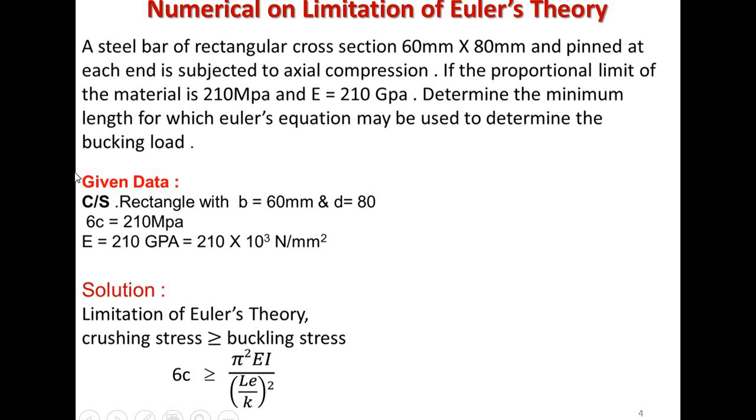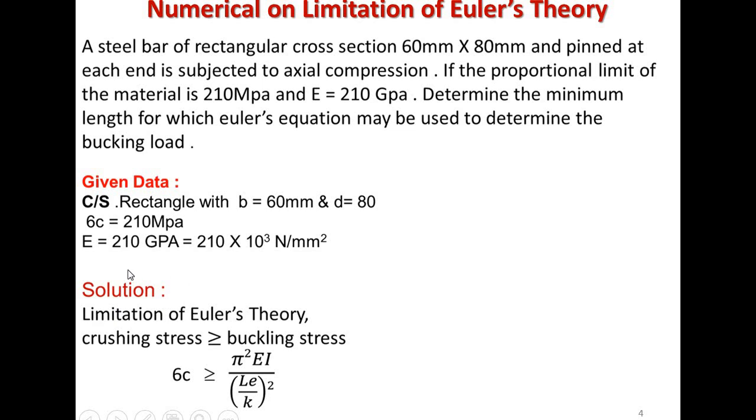So first we will write the given data according to the statement. Cross section is a rectangle with breadth equal to 60 mm, depth equal to 80 mm. Sigma c, crushing stress, or we can say proportional limit, equal to 210 MPa. Young's modulus equal to 210 GPa, 210 into 10 raised to 3 Newton per mm square.